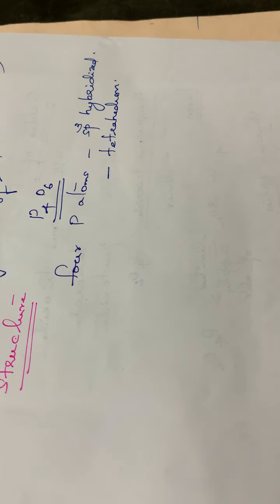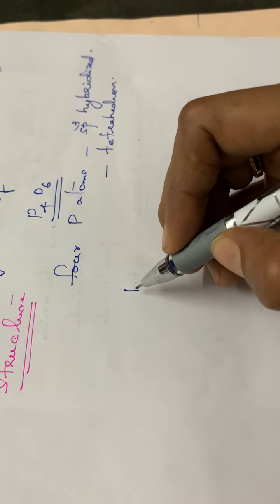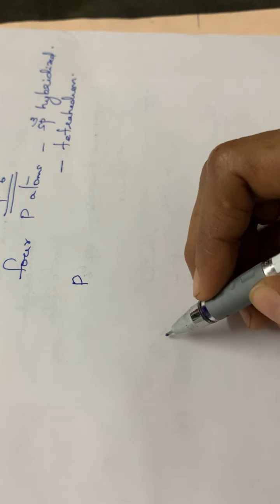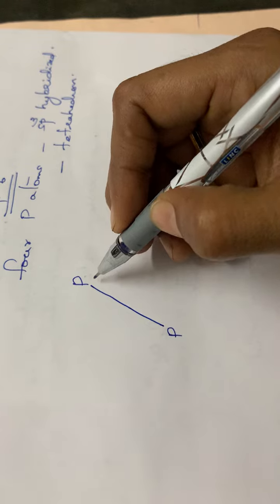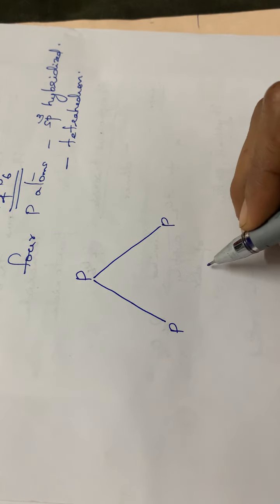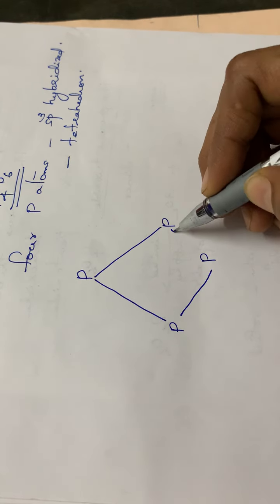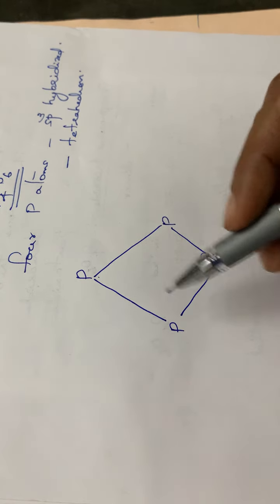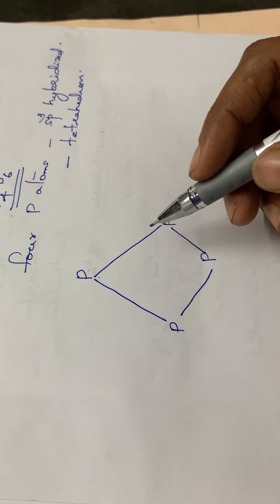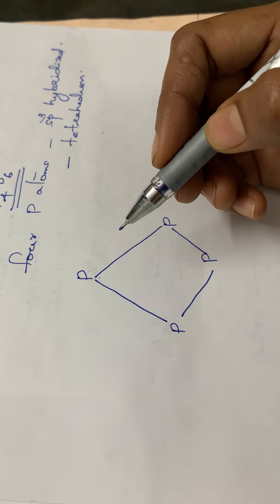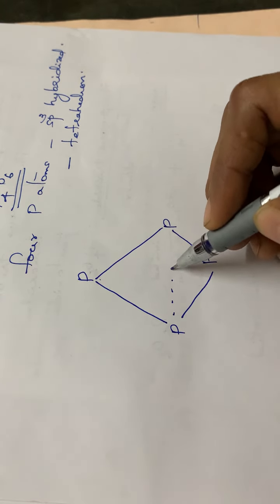Let us draw the structure. Phosphorus, then again phosphorus, P. So these 4 phosphorus atoms are sp3 hybridized and directed towards the corners of a regular tetrahedron.